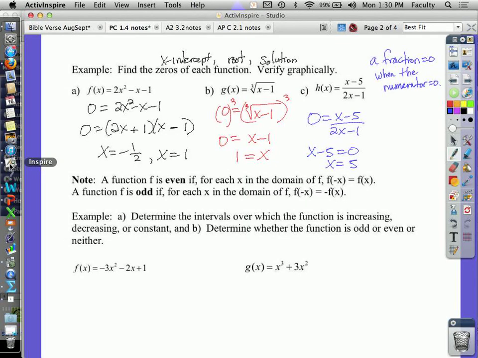All right, a function f is even if for each x in the domain of f, f of negative x equals f of x. A function f is odd if for each x in the domain of f, f of negative x equals negative f of x. You guys remember in the last section when we replaced x with negative x and we got the original function back? What kind of symmetry was that?